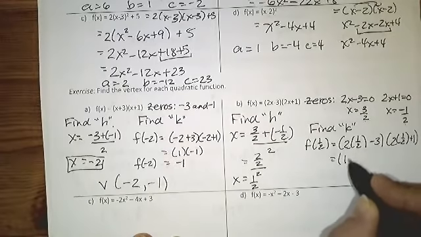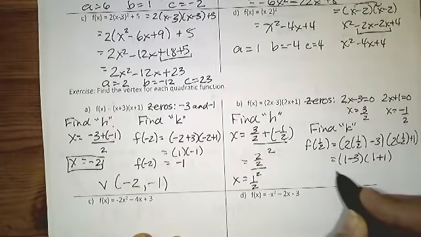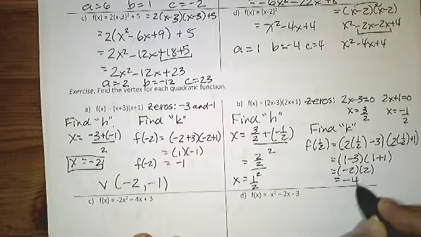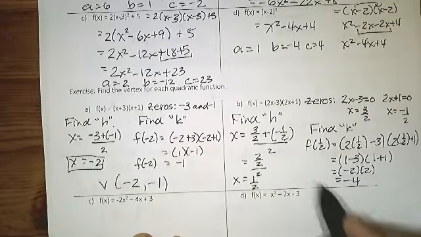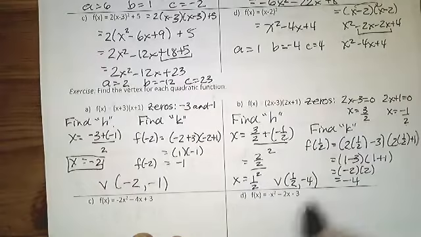Half of 2 would just be 1. Once again, half of 2 is 1. So we have -2 and a +2, which is equal -4. So my vertex is 1/2 and -4.